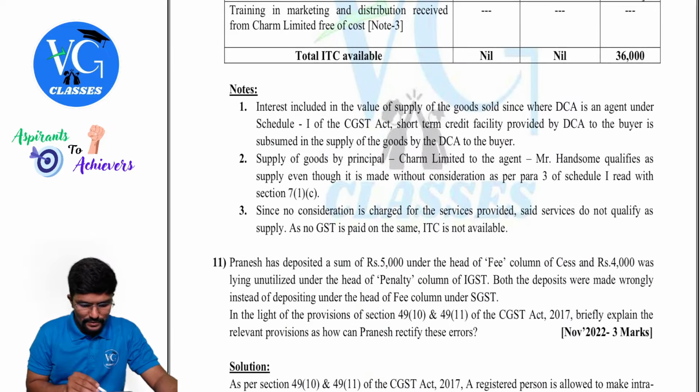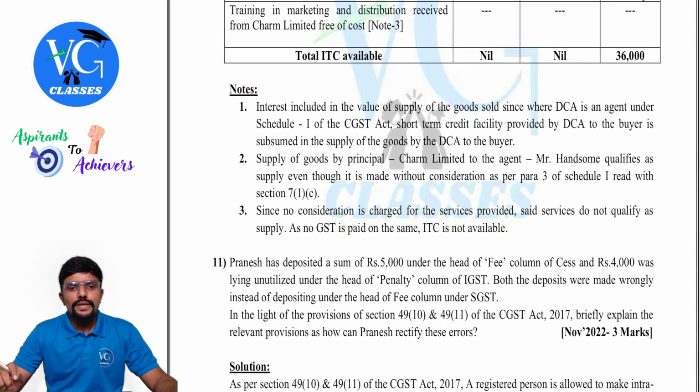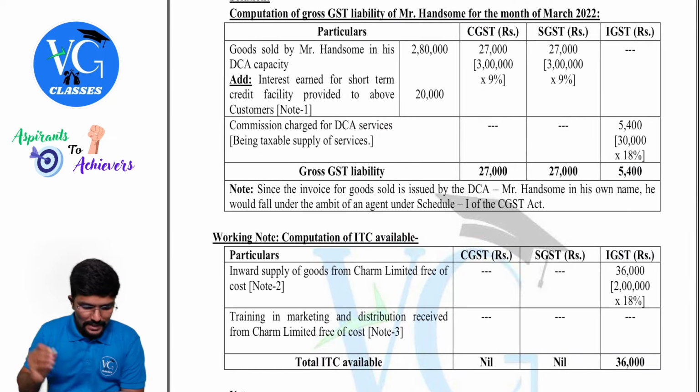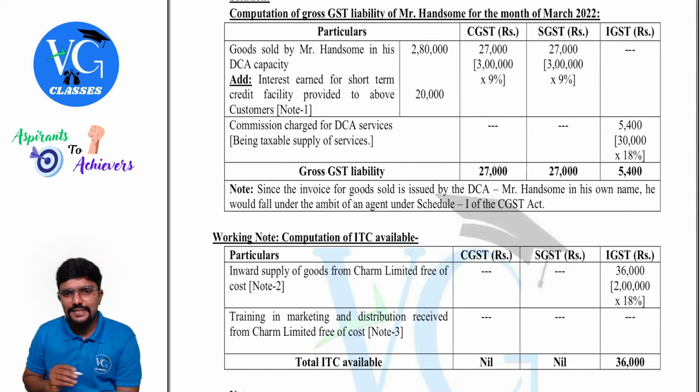You can see note 1. Interest is included in the value of supply of the goods sold, since where DCA is an agent under Schedule 1 of the CGST Act, the short-term credit facility provided by DCA to the buyer is subsumed in the supply of the goods by the DCA to the buyer. Next, commission charged for DCA services is taxable, guys.